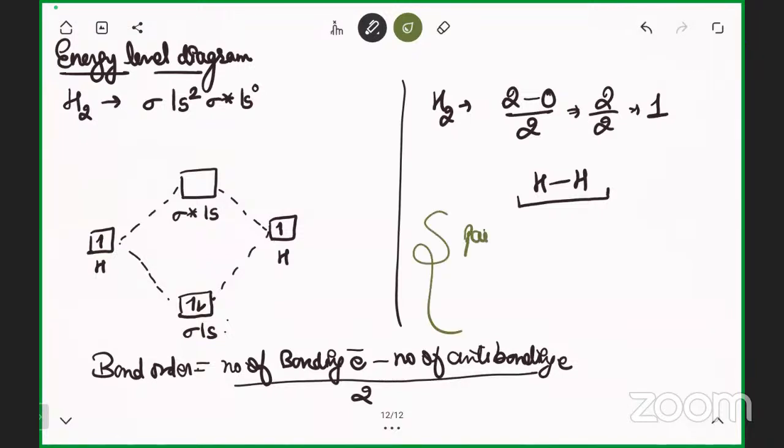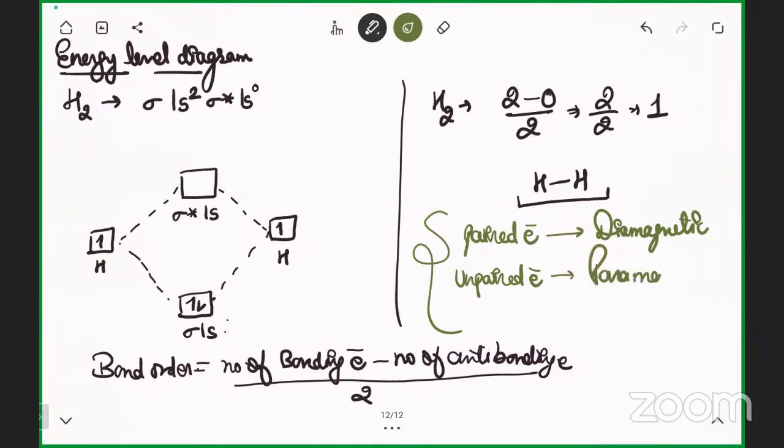If paired electrons are present, the compound is considered as diamagnetic. If unpaired electrons are present, the compound will be considered as paramagnetic. I have told this thing earlier. Paramagnetic compounds are those which are attracted by the magnetic field, while diamagnetic compounds are those which get repelled by the magnetic field.